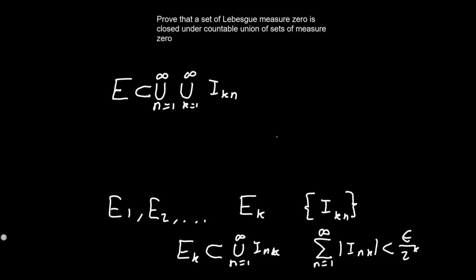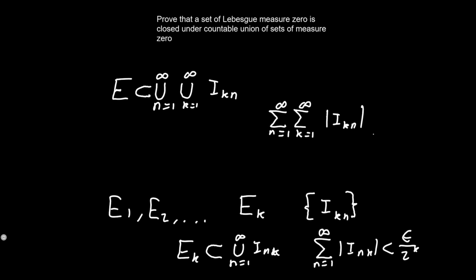Now I want to calculate the total length of all these intervals, so we have the sum from n equals 1 to infinity and the sum from k equals 1 to infinity of the absolute value of I_{k,n}.